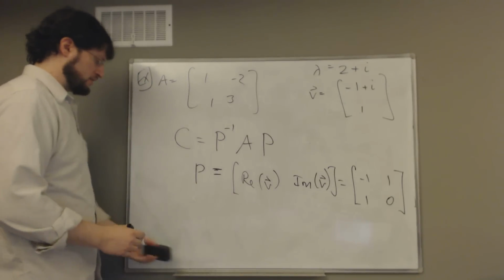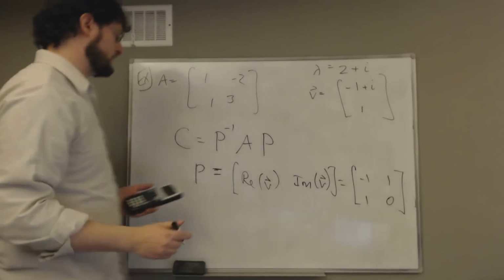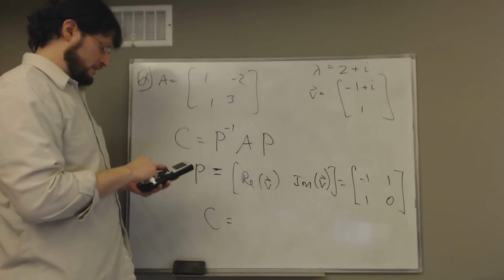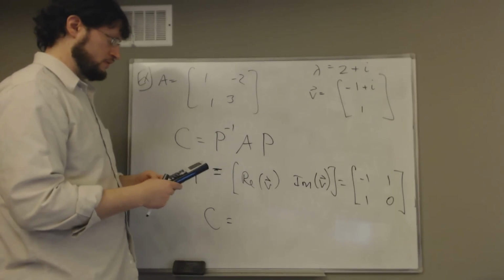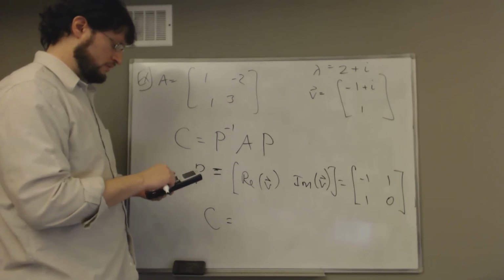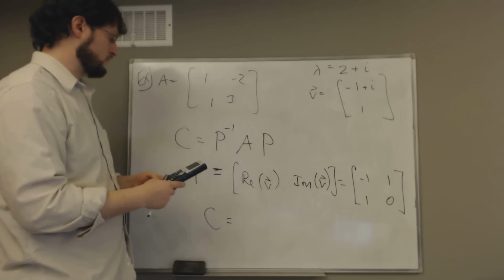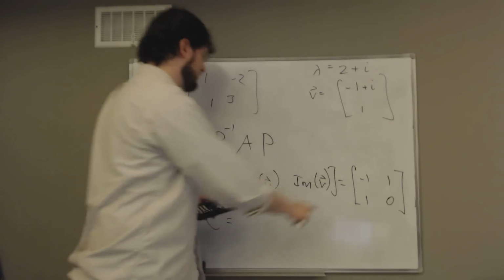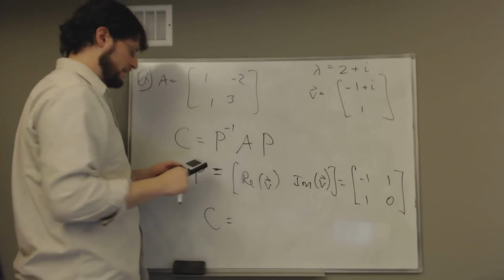In this case, I'm just going to use a calculator to figure out what C is. I stored P, I stored A, and I'm just going to calculate P inverse times A times P.